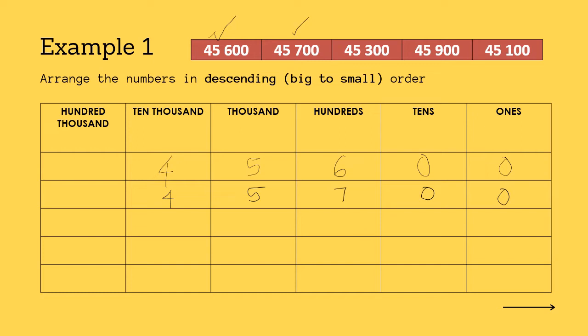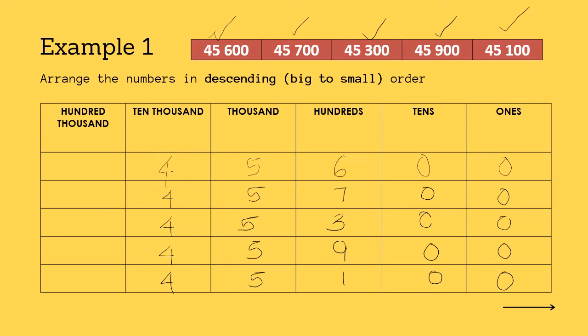Second number done. Third number 0, 0, 3, 5, and 4. Done. 0, 0, 9, 5, and 4. And the last number, 0, 0, 1, 5, 4. That's the last number.